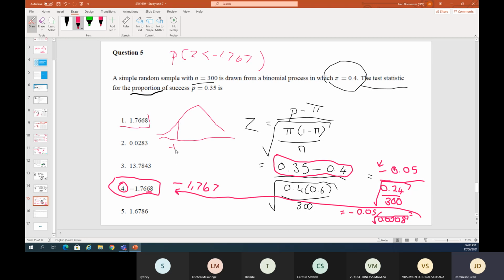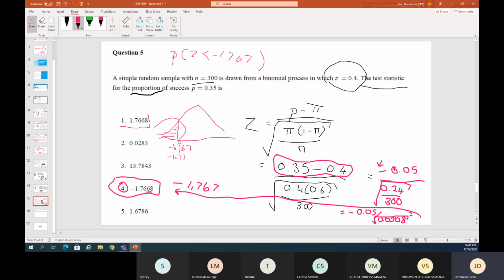Minus 1.767, rounded off so we can use the tables, is minus 1.77. Smaller than that, we want to get that area.